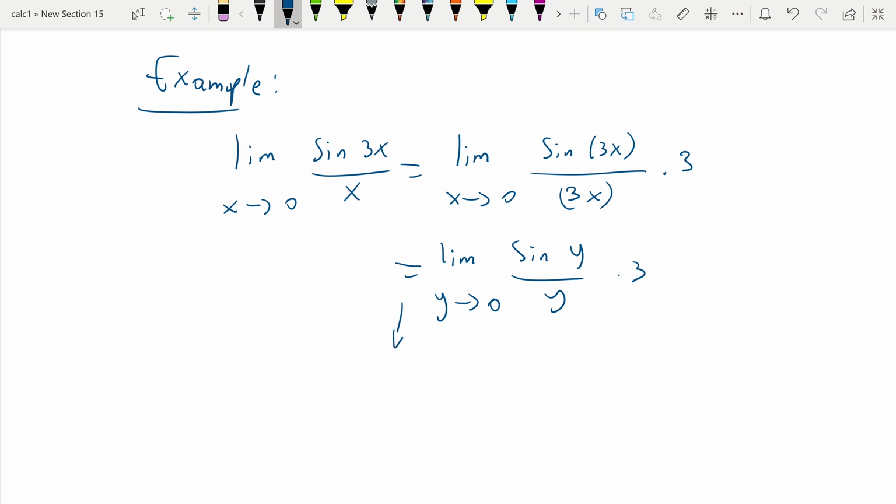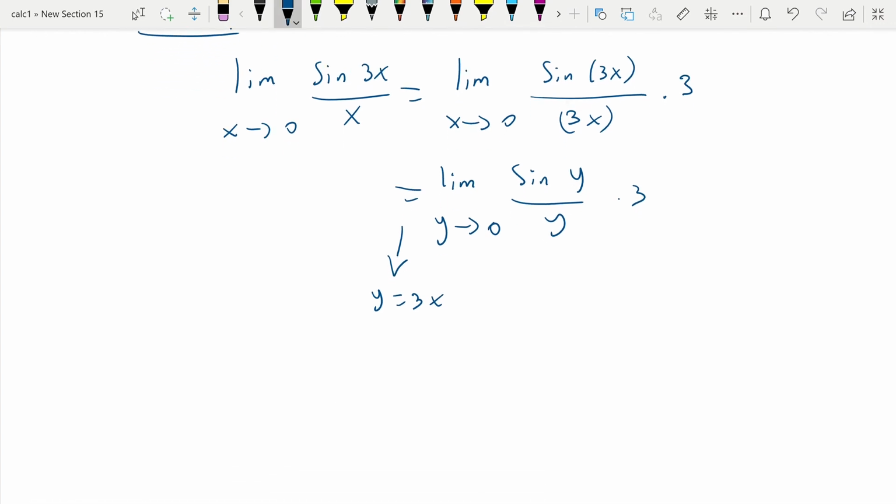Here y is equal to 3x. Now this constant can be pulled outside, which is one of the first laws that we learned when computing limits. So this is 3 times the limit of sine of y over y as y approaches 0. But we do know this limit, which is 1. So this whole thing becomes 3.